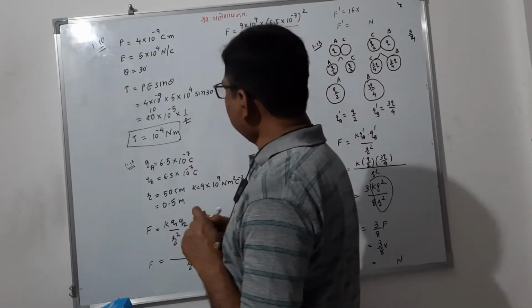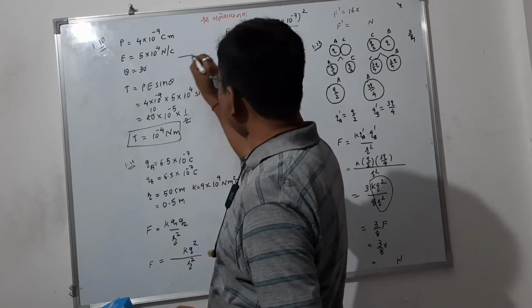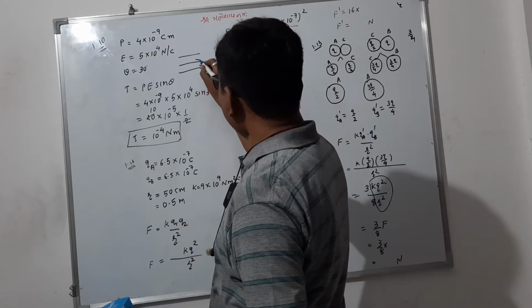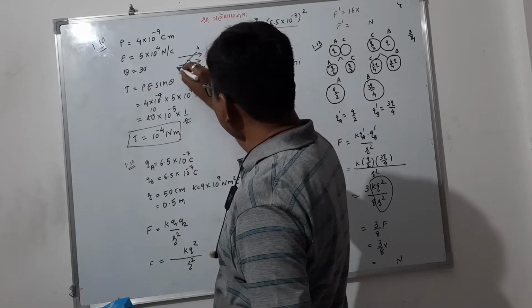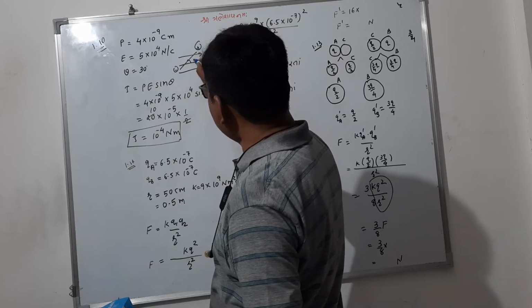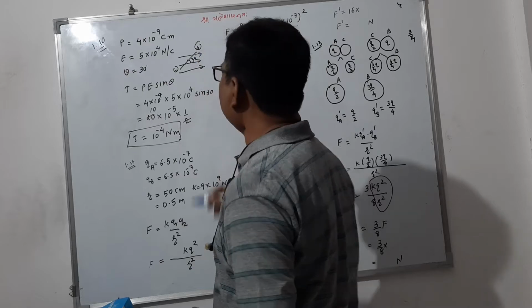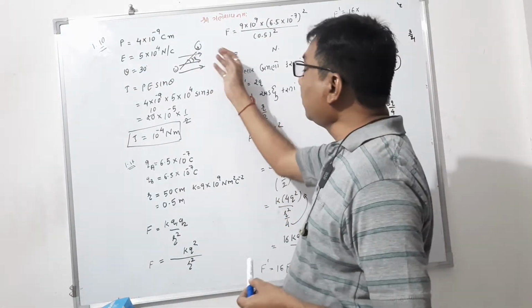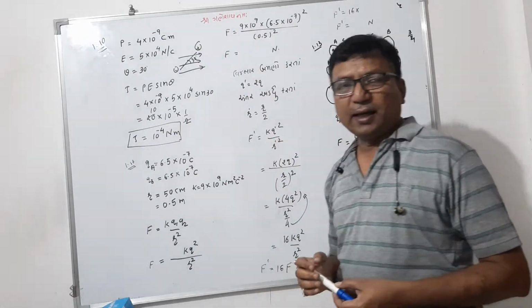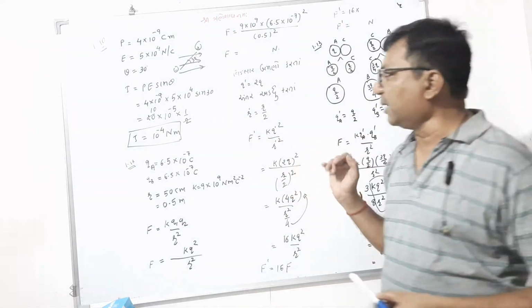So here you are given an electric field and the dipole, plus and minus, and the angle is 30 degrees over here. You have to find out how much torque is acting on this dipole.